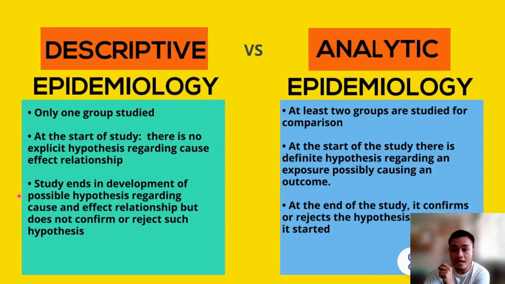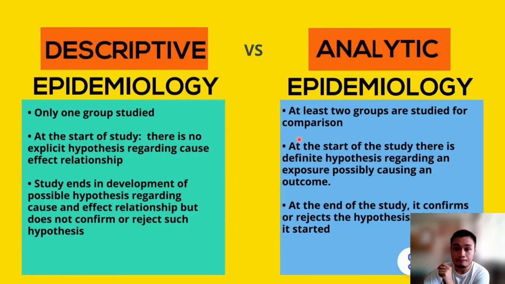using the data that you gathered and analyzed in descriptive epidemiology. Now, when we connect it to analytical epidemiology, the testing of this hypothesis actually occurs in analytical epidemiology, wherein we are able to compare at least two groups.